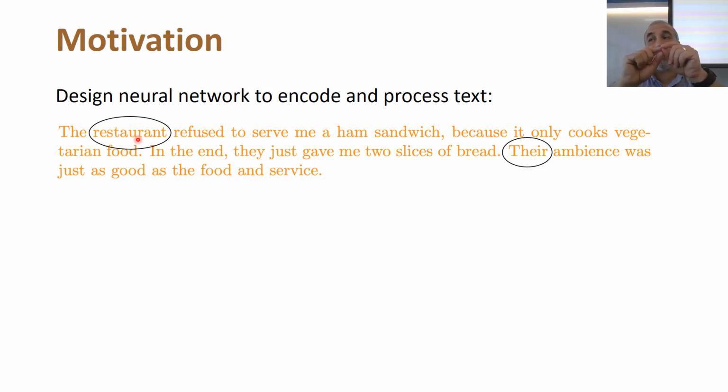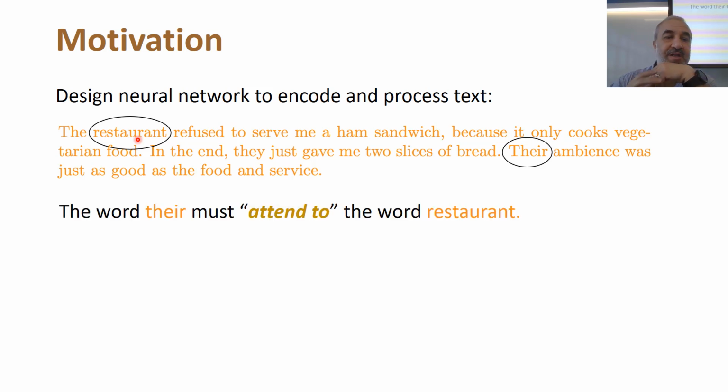So the distance between the two related words might be very far. In this case, the word "there" must attend to the word restaurant. In other words, it must pay attention to the word restaurant. Is that clear?